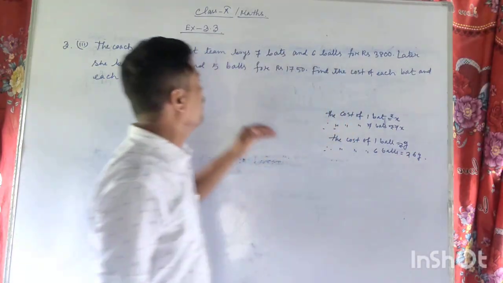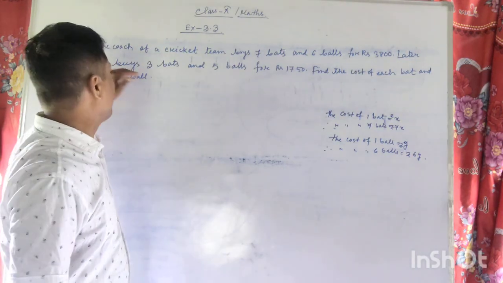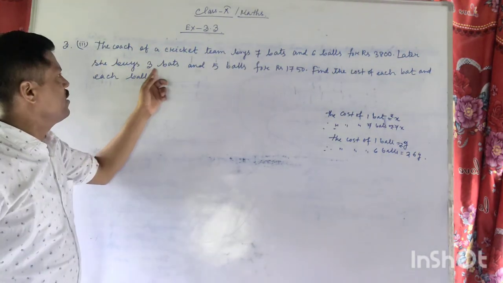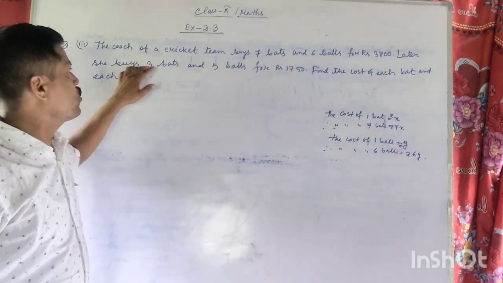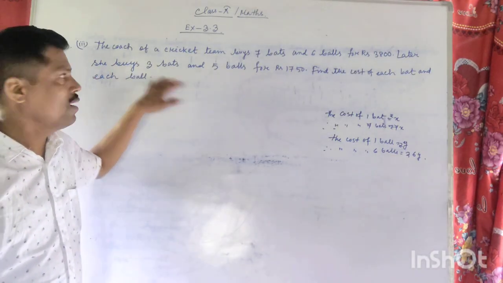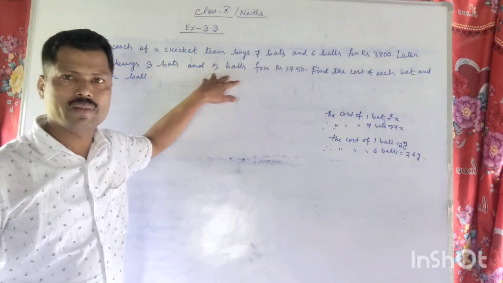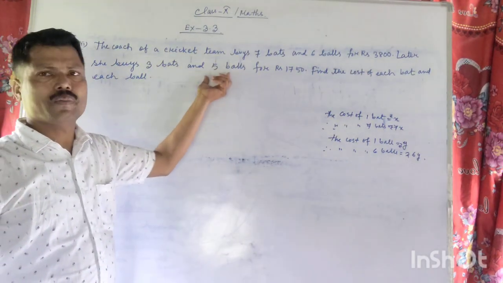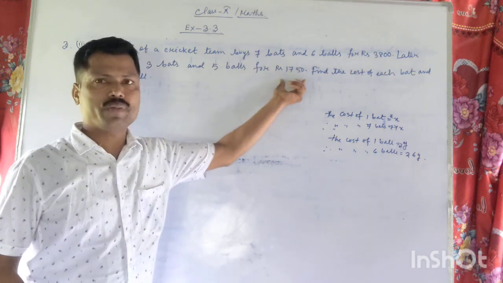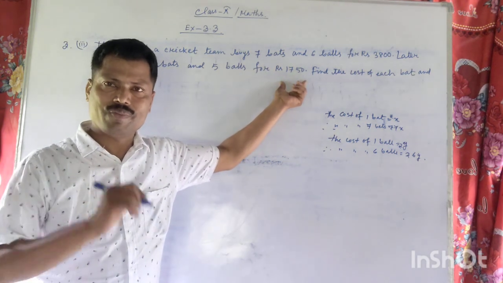Similarly, the second time, she buys 3 bats and 5 balls. That means the cost of 3 bats will be 3x and the cost of 5 balls will be 5y. So here also we can write 3x plus 5y is equal to 1,750 rupees.